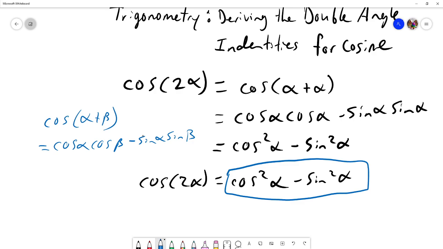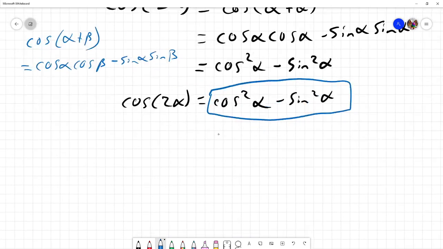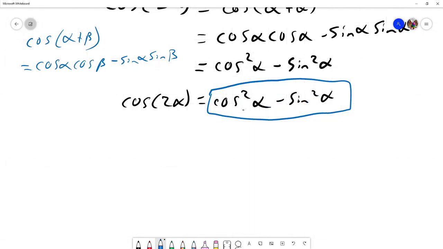Alright. Now we're gonna think about this fact that we have cosine squared minus sine squared, because that actually looks like something we've seen before. In fact, we have this identity that cosine squared alpha plus sine squared alpha is equal to 1.